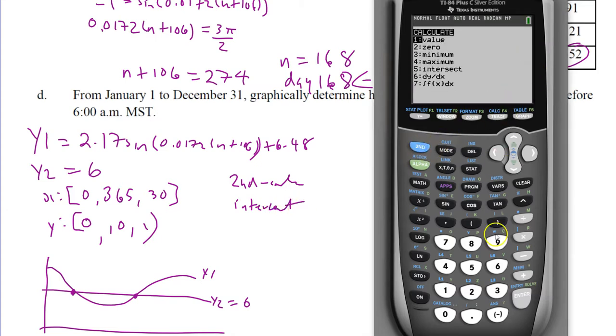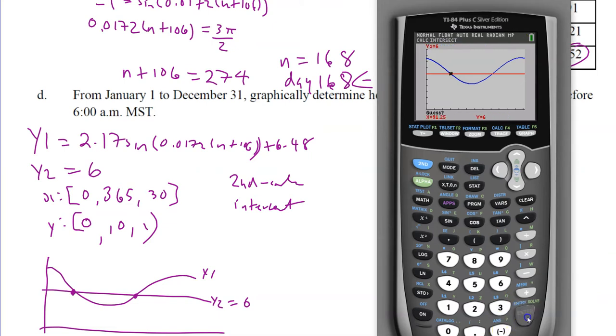This is so much easier than the whiteboard. 1, 2, 3. So 89.6. And second calc intersect. I actually could have just gone along the red line.